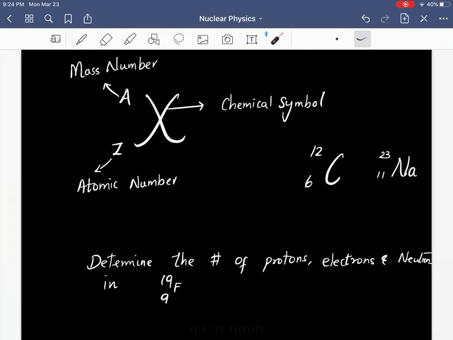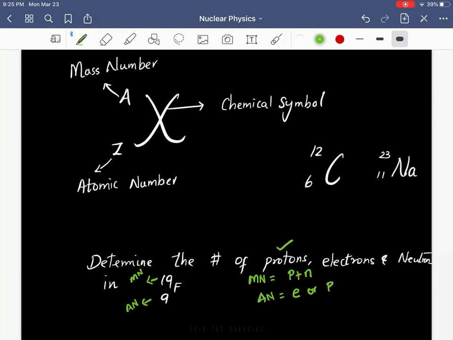Now having got an idea about mass number and atomic number, we should be able to do this problem. Determine the number of protons, electrons, and neutrons in fluorine-19. We know that this is the mass number and this is the atomic number. The mass number is equivalent to the number of protons plus the number of neutrons, whereas the atomic number is either the number of electrons or the number of protons.